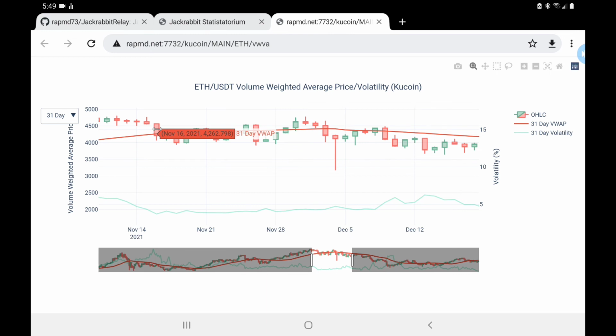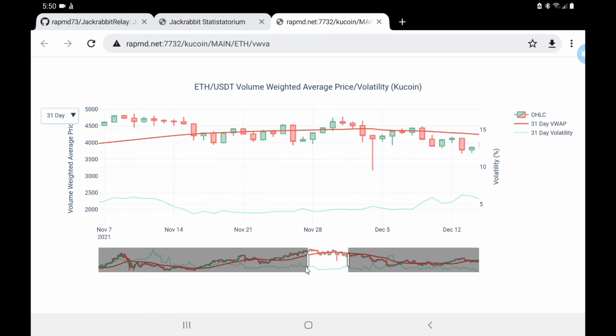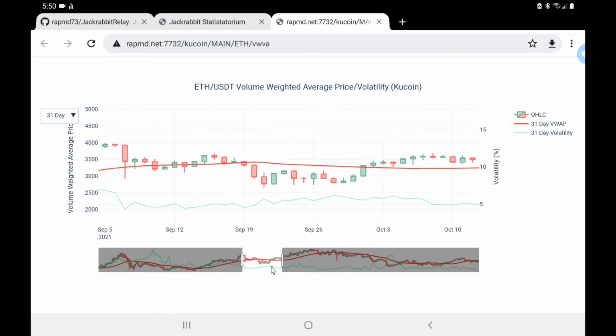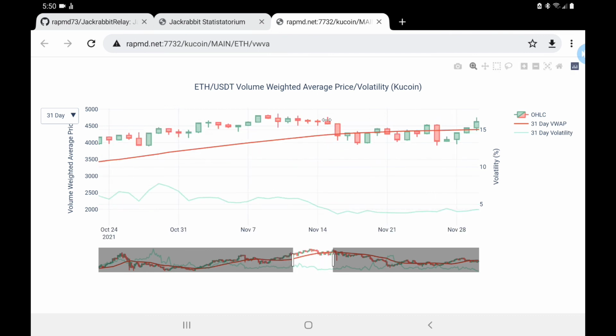Now, realistically, this would be a good opportunity to trigger a sell point. If you're looking at just the volume weighted average price, this would be a good purchase point, and this would be a good sell point.